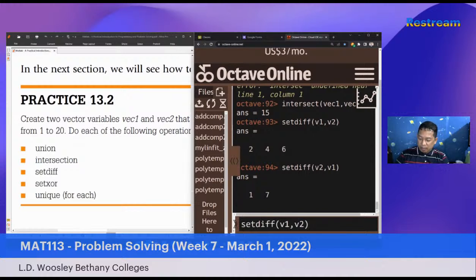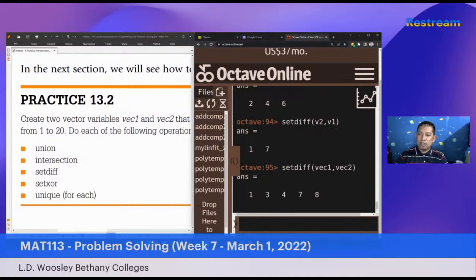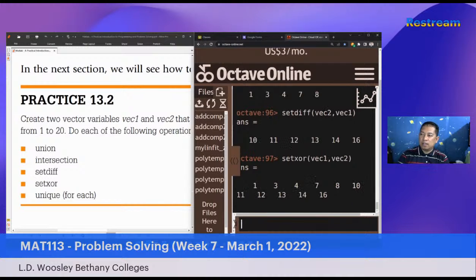Sorry, mali ako. Akala ko pamilya yung sagot. Vec1, vec2, then you setdiff. And then vec2, vec1. Right? And then setxor.